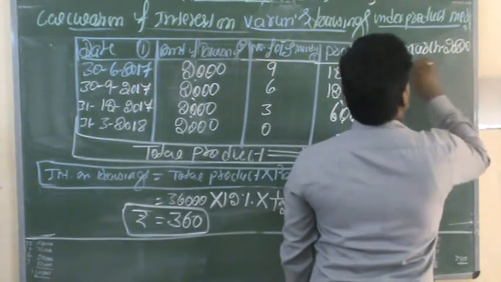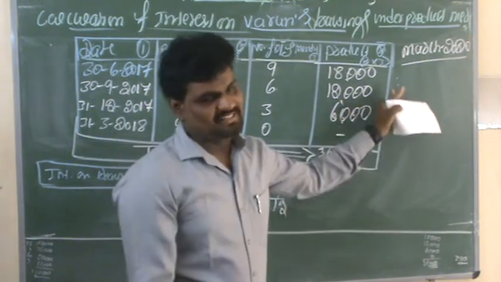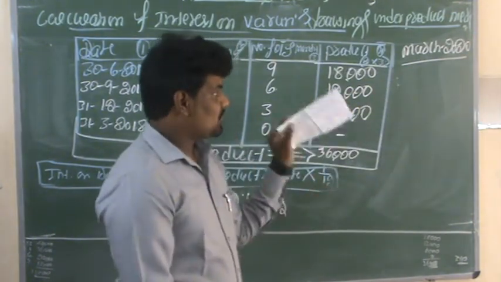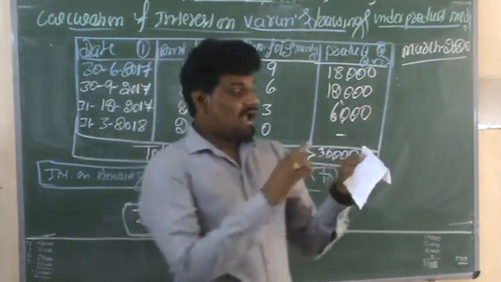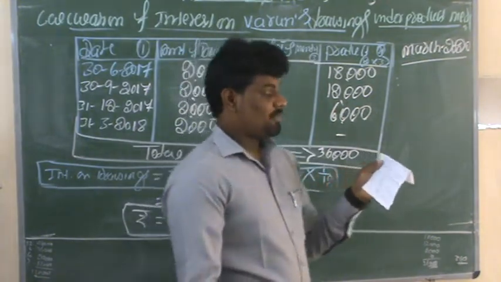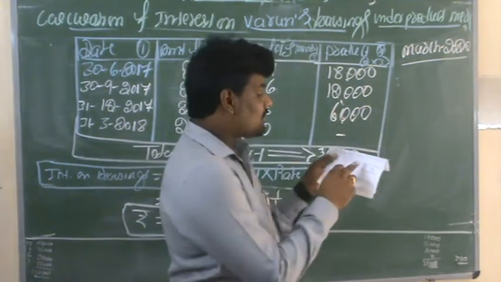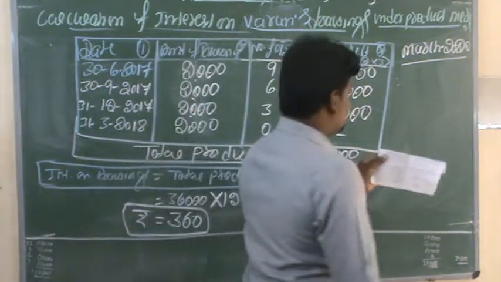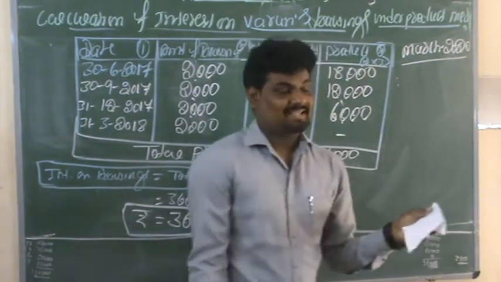The March 2020 annual examination question. Now we will discuss it. So observe the question. Radha and Raman are partners in a firm. Radha's drawings for the year 2018-19 are given as under.